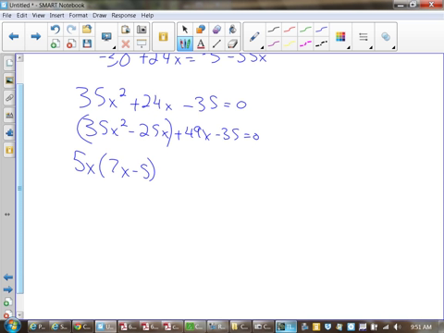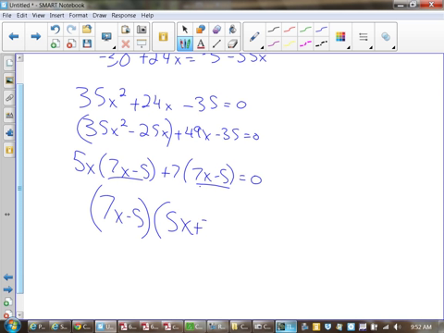What is the GCF of 49 and 35? 7. Factor out the 7, and I have 7x minus 5. Are these two the same? Write it down. And what's left? So your zeros of this, for solving, are 5 over 7 and negative 7 over 5.